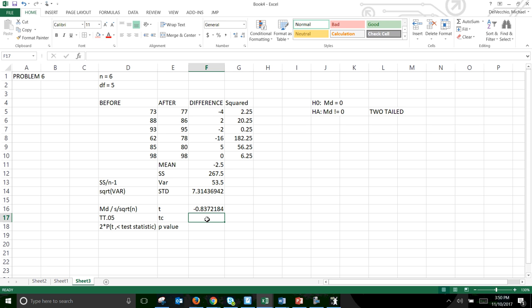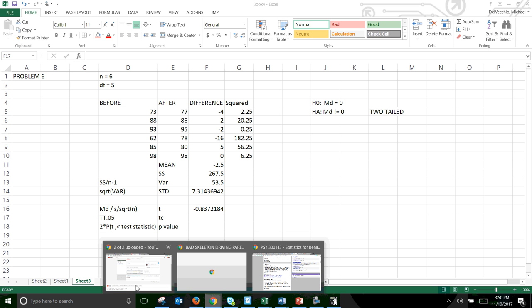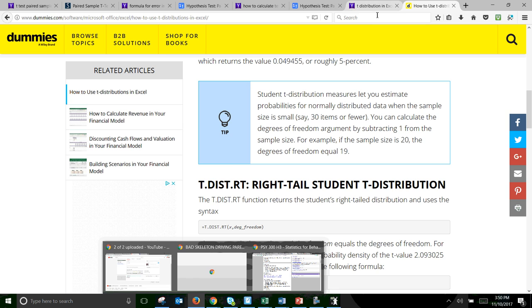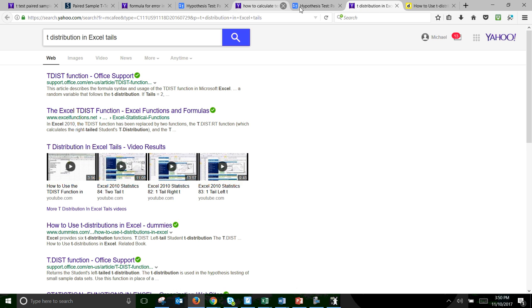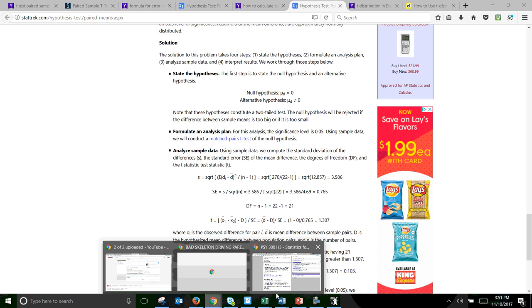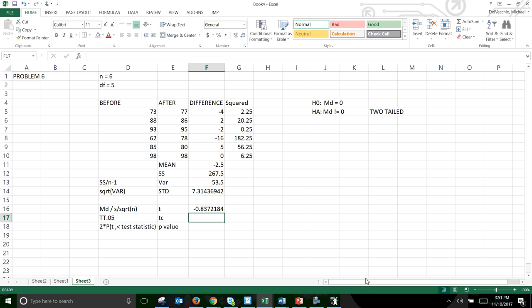All right, so we can find our critical value; it's the same as the other problem. We could use our table, which I'm not sure where it went. But if you look at the table for a two-tailed test, it was 2.228, and that's going to be plus or minus.